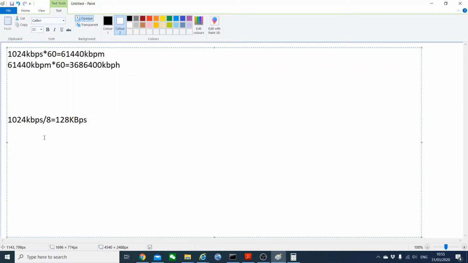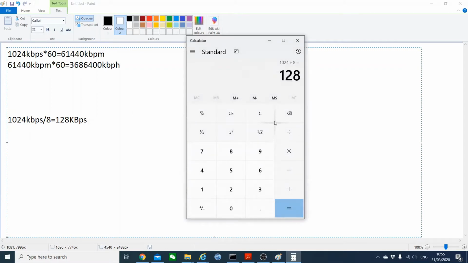But this number is very big, and I want to transform these bits into, first of all, let's turn it into bytes. So 3,686,400 divided by 8, we will get 460,800.